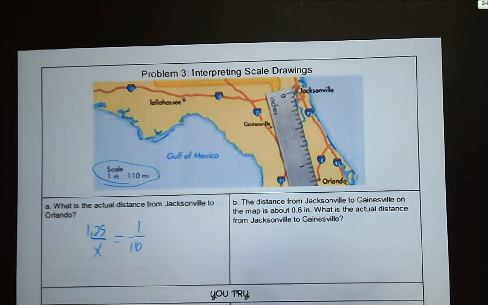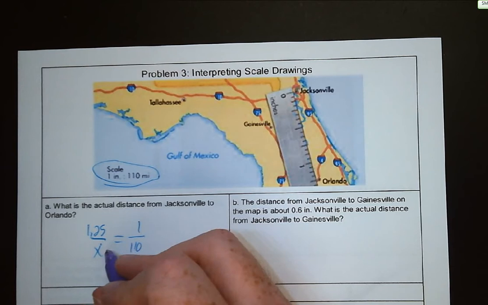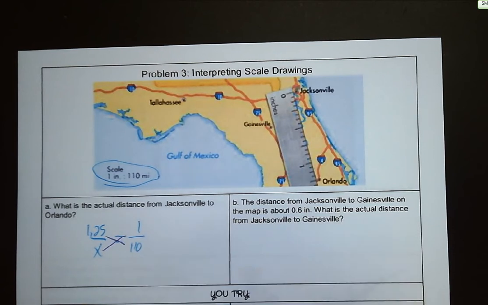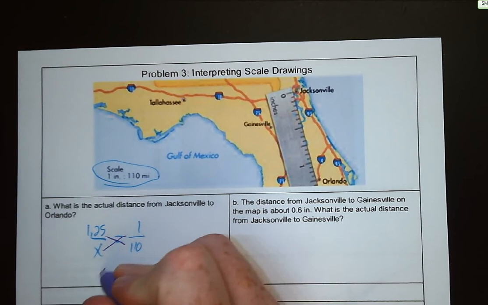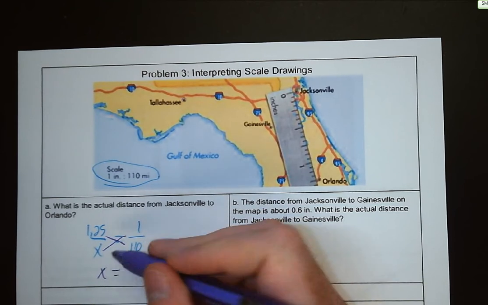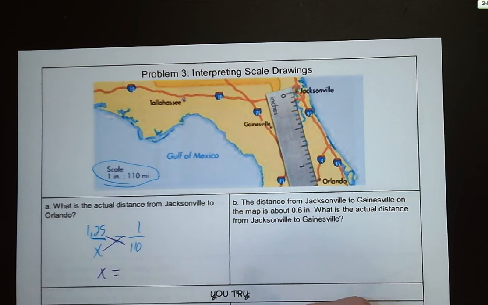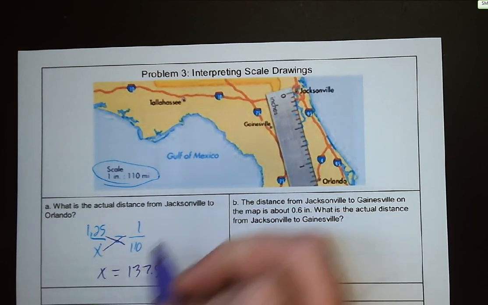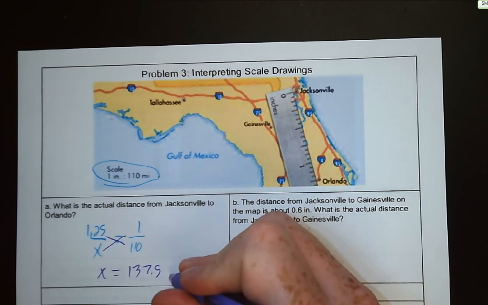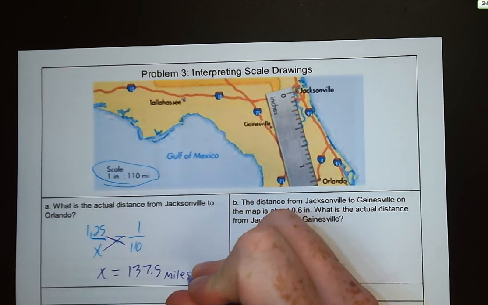All right, so when we have a variable in the denominator, what do we need to do? I hope you all yelled out cross multiply at once. All right, so we're going to cross multiply. So x times 1 is x. 1.25 times 110 is 137.5. X is all by itself, so we've solved it. Miles.